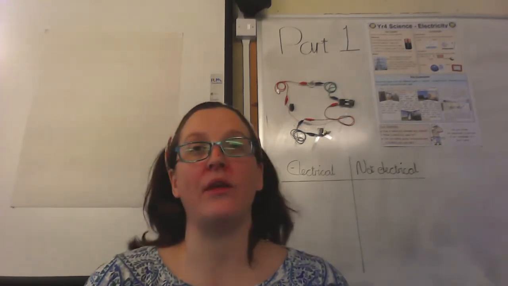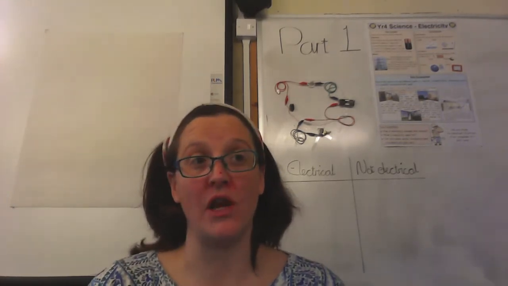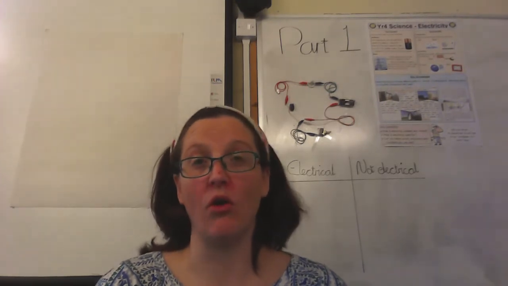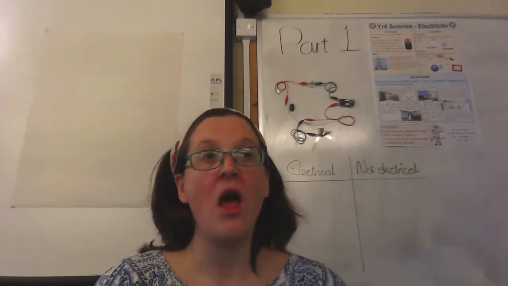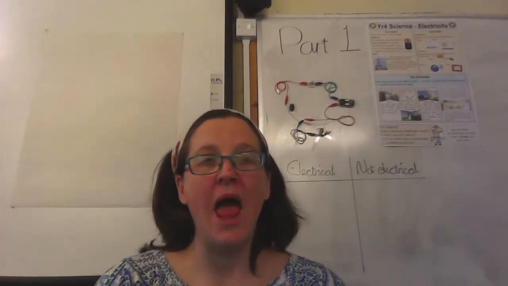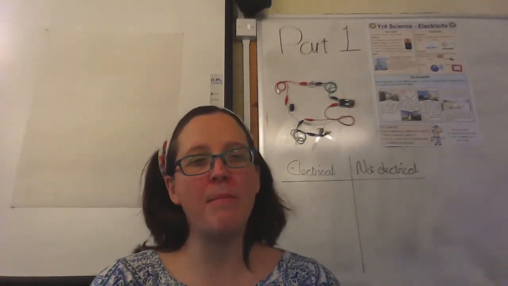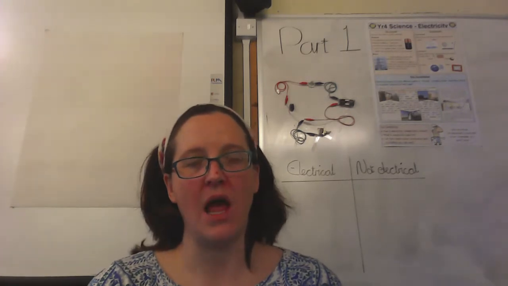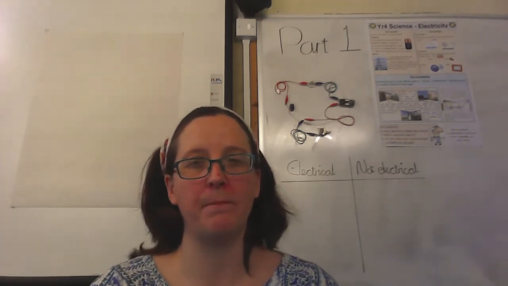There will be other things in your room that don't use electricity. Perhaps what you're sitting on, a sofa or a chair, a carpet, the things around the room, table, and it depends maybe what they're made out of. Have a look, what can you see?